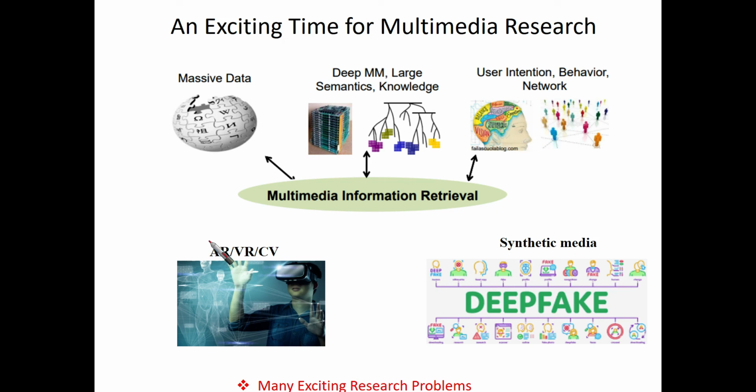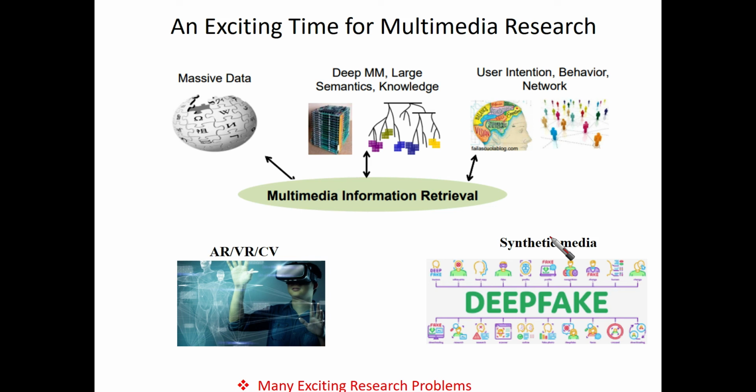And as we studied before, AR, VR, and CV, that is computer vision, is a big part that we can relate to multimedia. And as we studied in the first part, synthetic media, the GAN, generative adversarial networks, basically generate synthetic images.